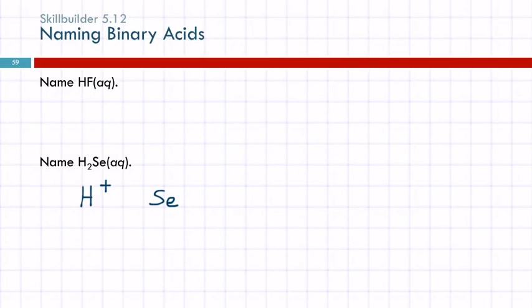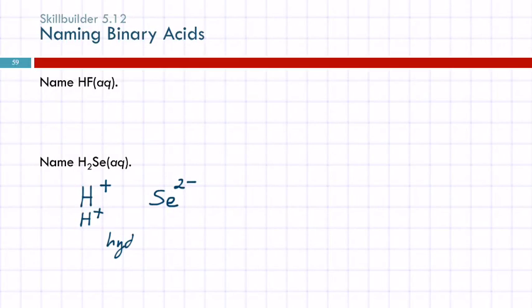It's on the periodic table: 2-. With a 2- charge, we're going to need two hydrogen ions to balance the charge. Acids are neutral compounds. The charges have to add up to 0. So that's why in this formula it's H2Se instead of just HSe. And this would be called hydroselenic acid.